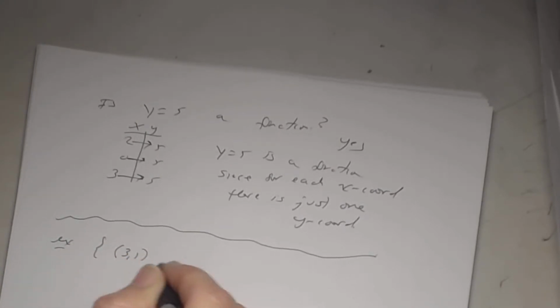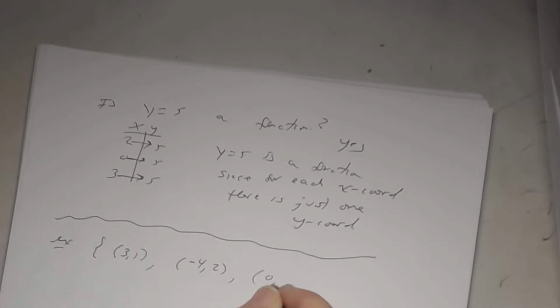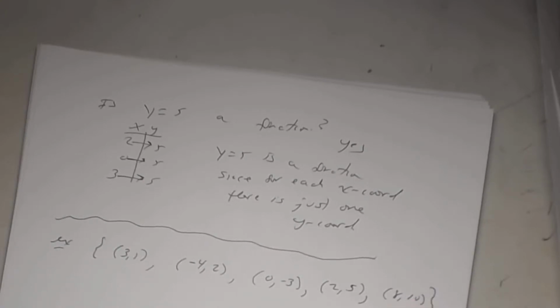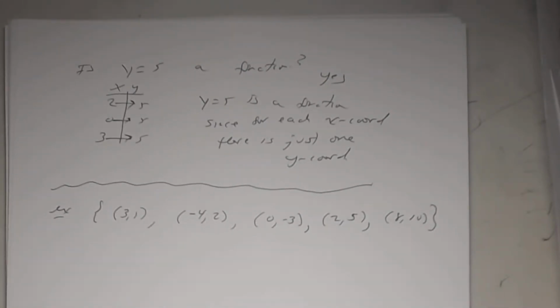(3, 1), (-4, 2), (0, -3), (2, 5), and let's do one more ordered pair, (8, 10). Okay, write this down. So I have this relation.